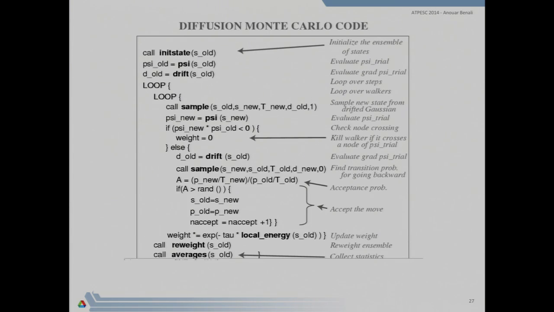Then we repeat the operation to see if we're going to have drift, branching, or diffusion. Each move that we make is weighted, and then we're going to reweight everything, average, and accept or reject the moves.